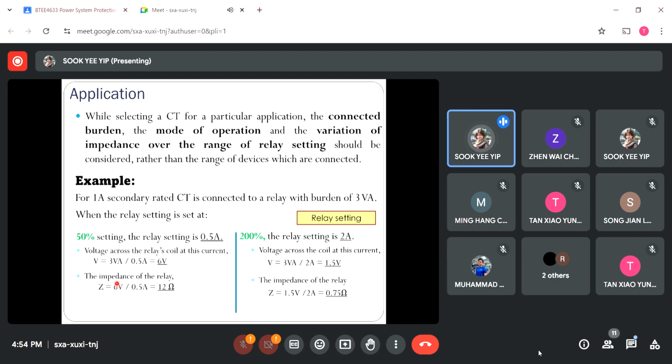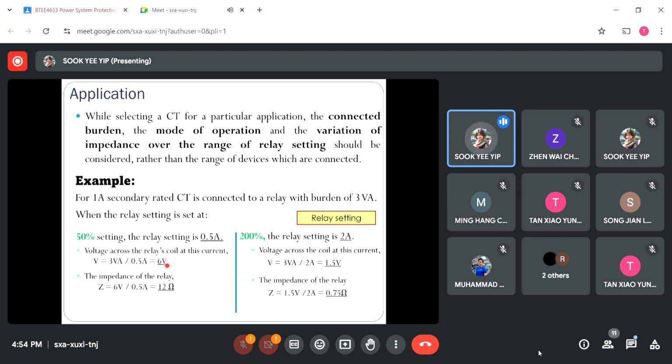As we have seen just now, to convert from apparent power to impedance, first the power is divided by the current flow at the secondary side. With the 50% setting, we expect 0.5 amp as the secondary current flowing through the relay coil. In such a case, the voltage drop across the relay coil would be 6 volts.